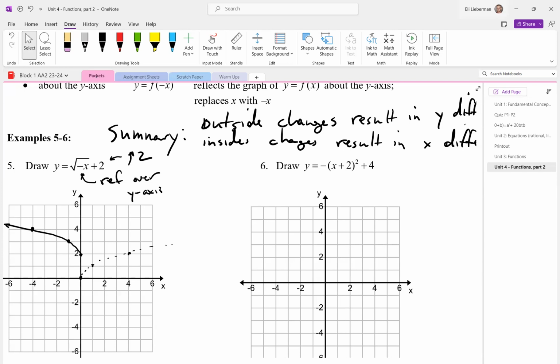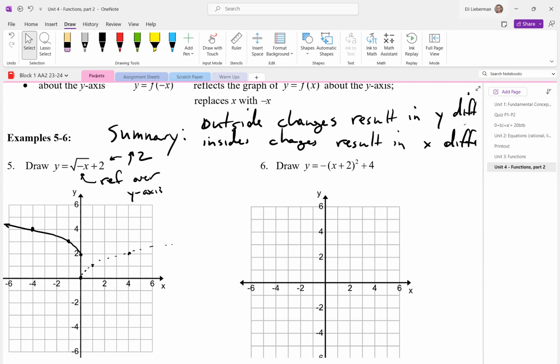Okay, show me the parent function. Okay, so it's going to do the parent function. It's outside, with 2, it's going to move it to the left 2 units, and then the 4 will move it up.